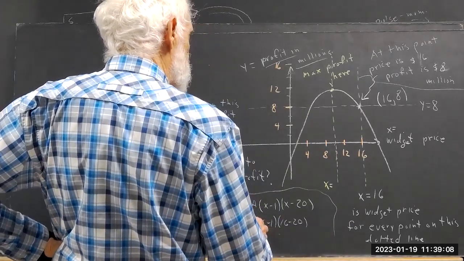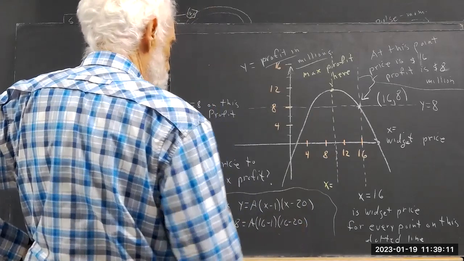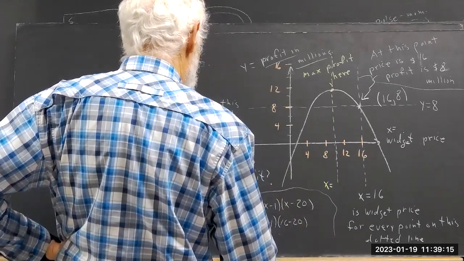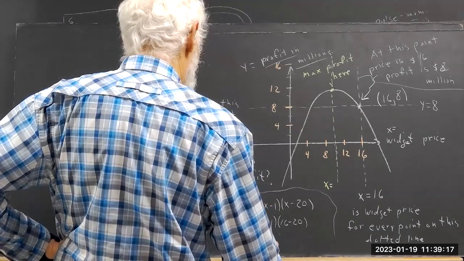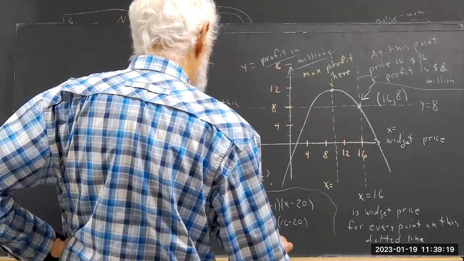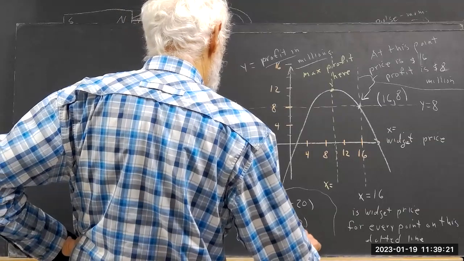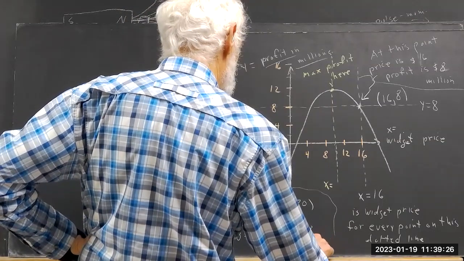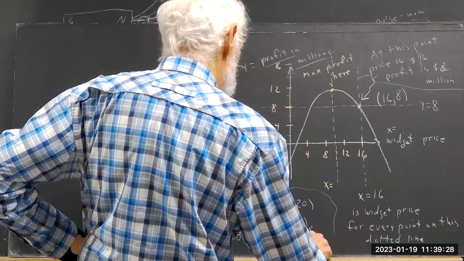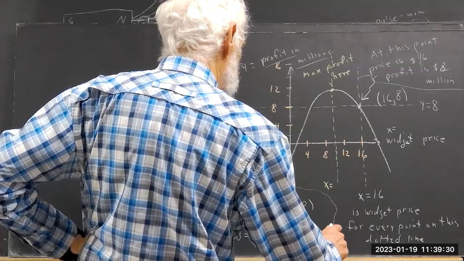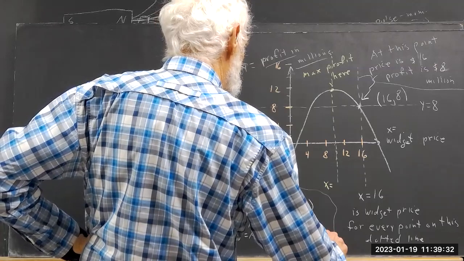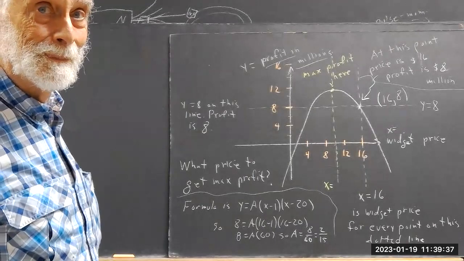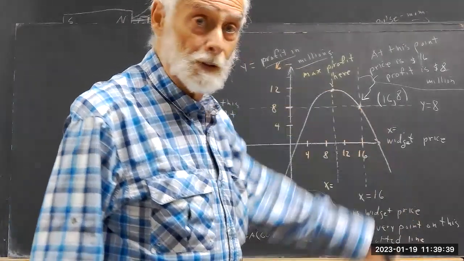Well, 16 minus 1 is 15, 16 minus 20 is 4, and 15 times 4 is 60. So y equals 8 over 60, which is 2 over 15. Now I know what the equation of this thing is.